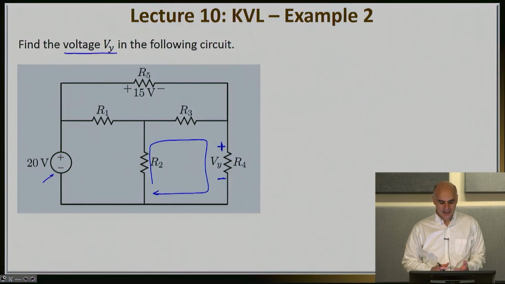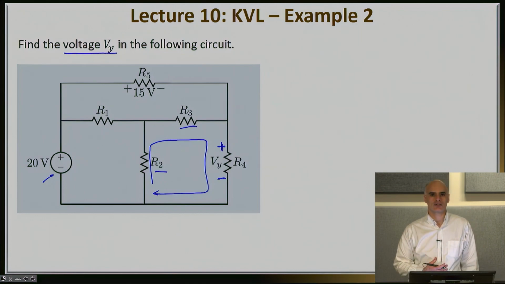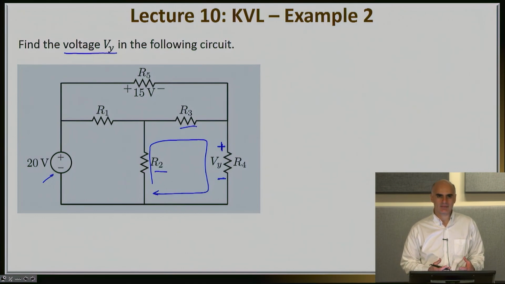Well, the problem in that case is that the voltage drop across R2 is not known, and the voltage drop across R3 is also not known. And unfortunately, there doesn't seem to be an easy way to find these voltage drops, because the current is not known through either of the resistances. So we really can't find the voltage across R2 or R3 by applying Ohm's law.